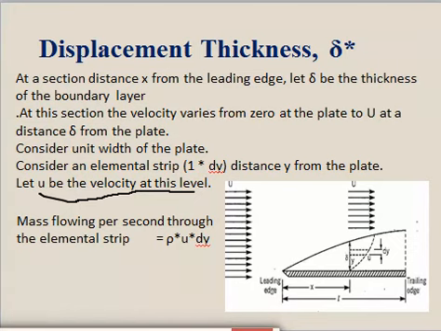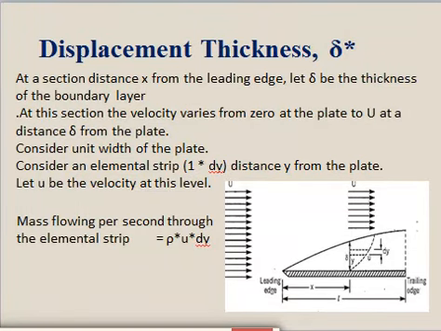So the mass flow rate through the strip, as per our continuity equation, is given by rho into u into dy into 1. It is rho into velocity into cross-section area. In this case our area is 1 into dy, so it is simply rho u dy. So the mass flow rate through the strip is rho u dy.